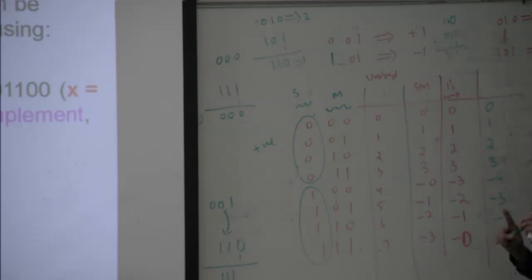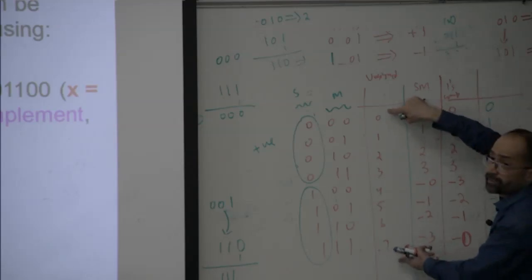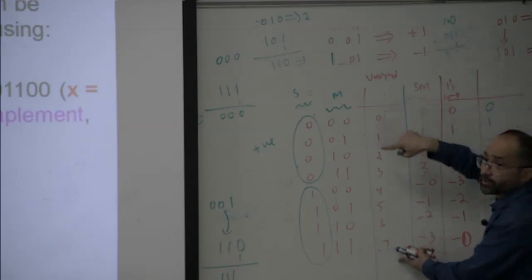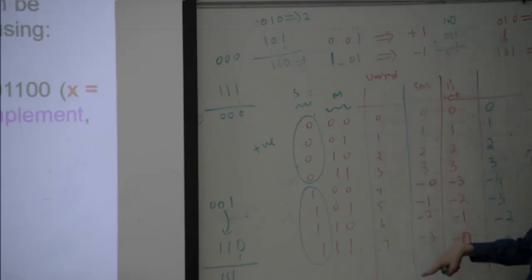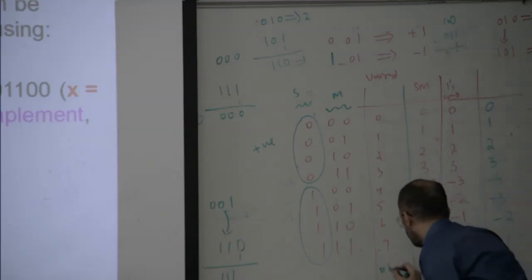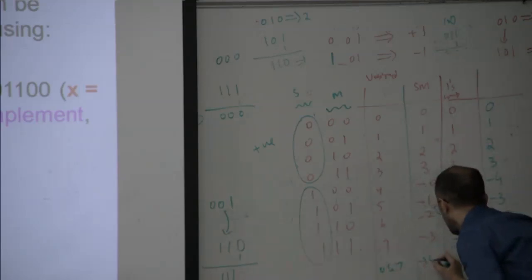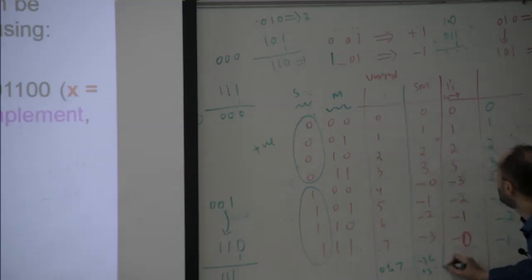So if you look at here, what is the range of the unsigned number in 3-bit numbers? 0 to 7. What is the range in the sign magnitude? Minus 3 to plus 3. So this is 0 to 7. Here is minus 3 to plus 3.